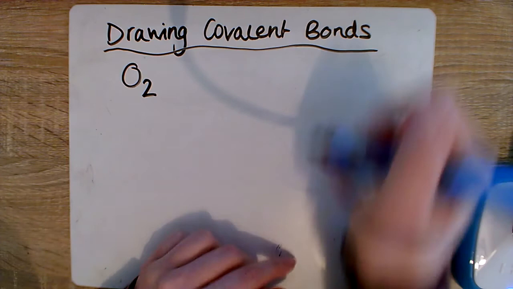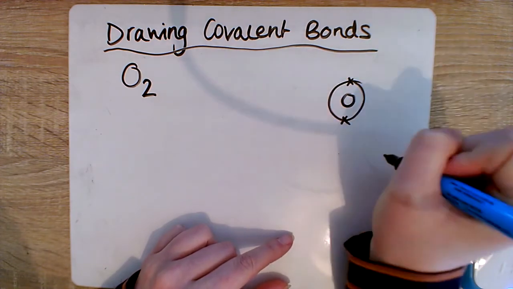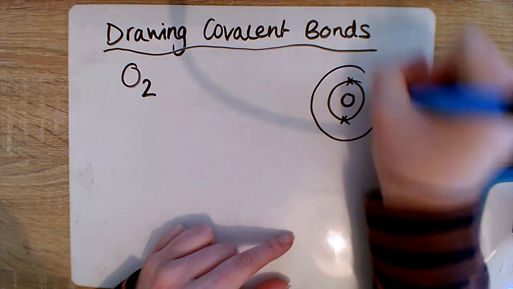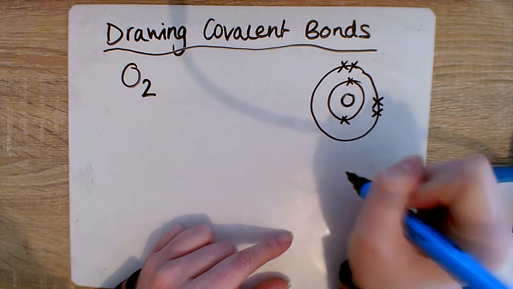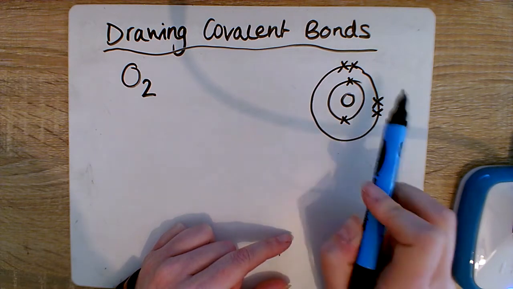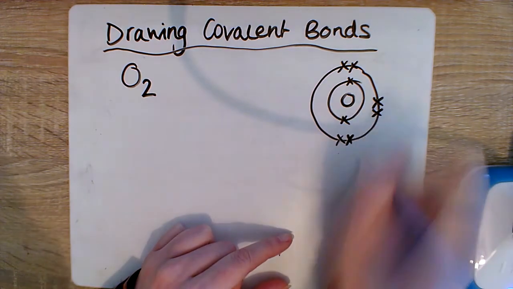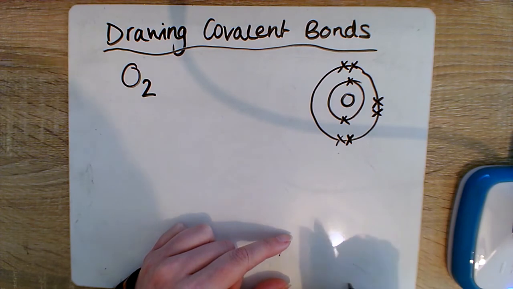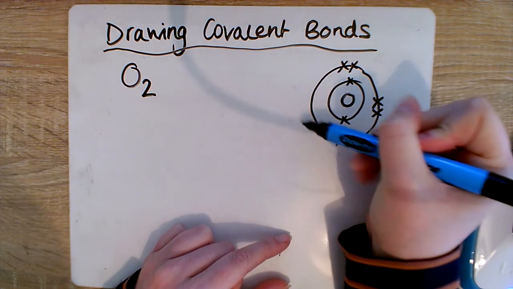If we draw a quick sketch of an oxygen atom, we know it's got 2 in its first shell, and then we've got 6 left: 1, 2, 3, 4, 5, 6. So we've got 6 electrons on its outer shell, and space here for 2 more electrons.